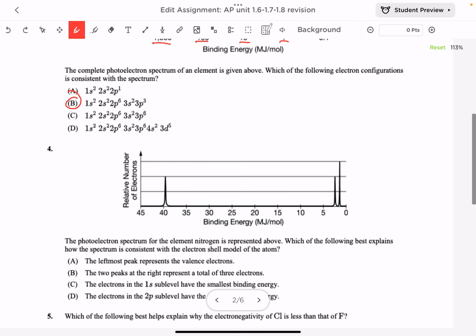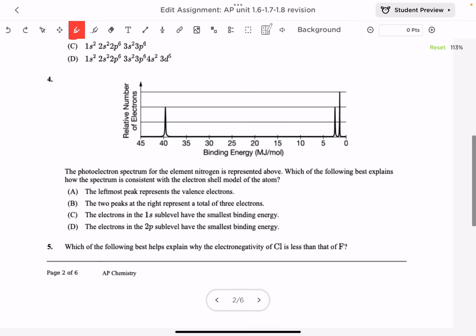Again, another question. The photoelectron spectrum shows binding energy. Which of the following best explains how the spectrum is consistent with the electron shell model of the atom?